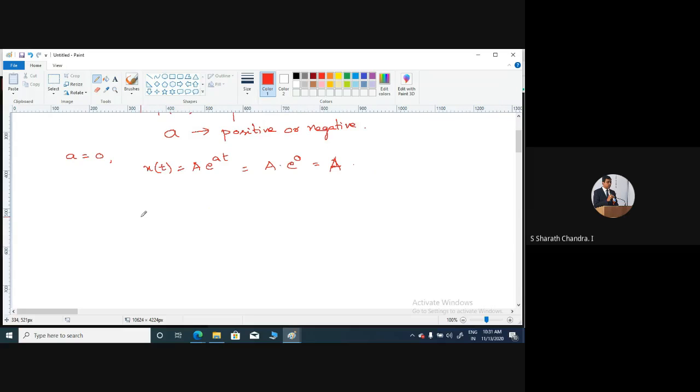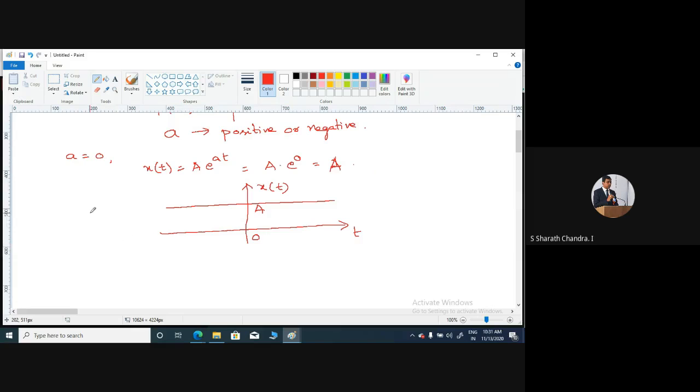Since capital A is the amplitude of the exponential, at t equal to 0 this becomes the amplitude of the signal. And so when plotted, you can get this signal in this fashion. It is a constant signal for all t. You could see that the exponential signal is now simply equal to a constant signal whenever a is equal to 0.